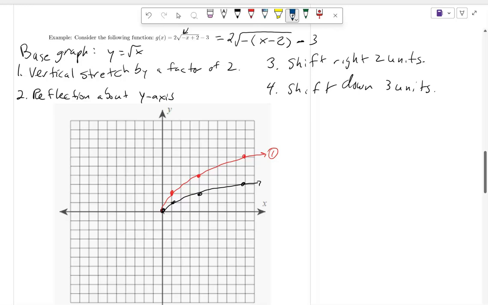Next part. What's the next transformation we see? That reflection, right? So we're just going to flip-flop it right to left. Instead of being at +1 for x, we'll be at -1. Instead of being at +4 for x, we'll be at -4.